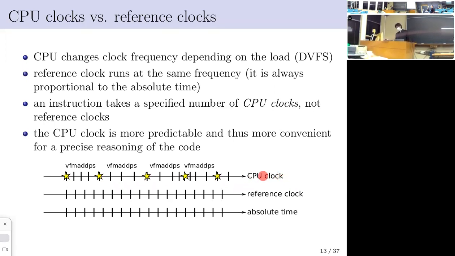On the other hand, this CPU clock, or something called the core clock, varies over time. Sometimes it runs faster, sometimes it runs slower than the reference clock. So if the core clock happens to be faster than the reference clock, then you get something like 3 reference clocks, to be precise.